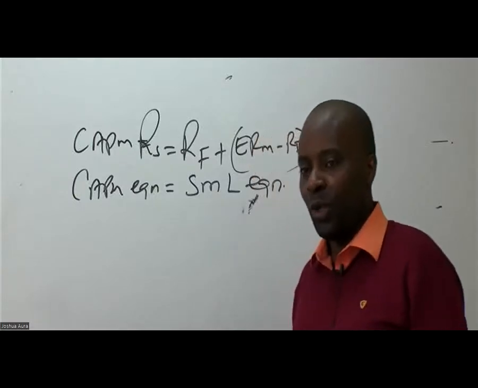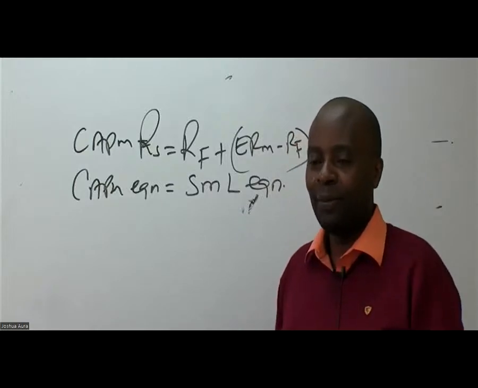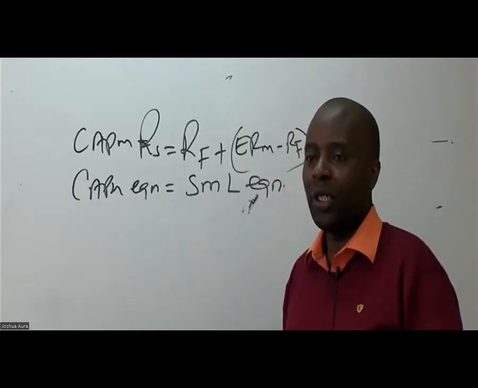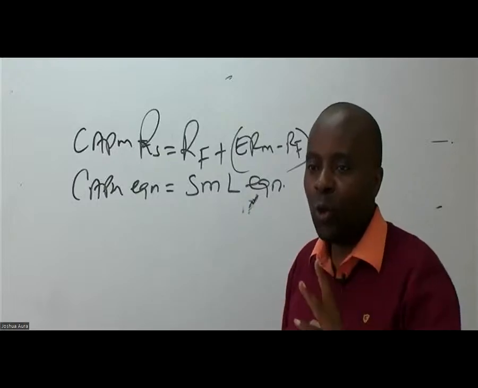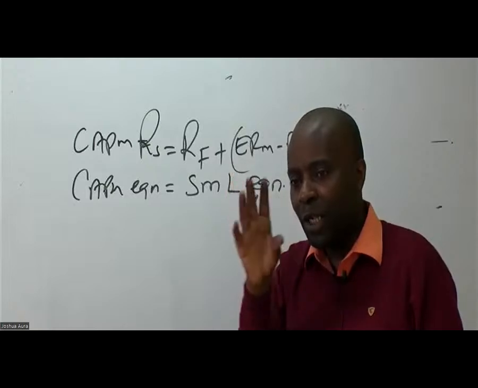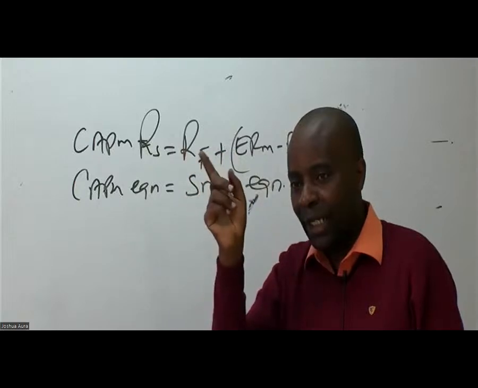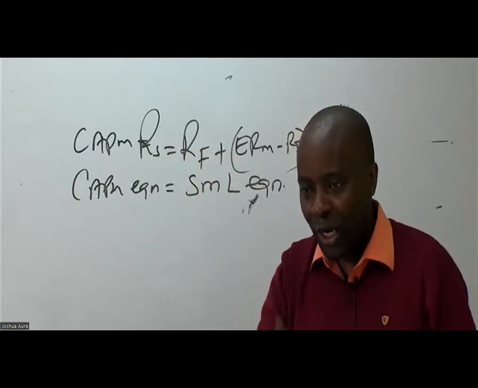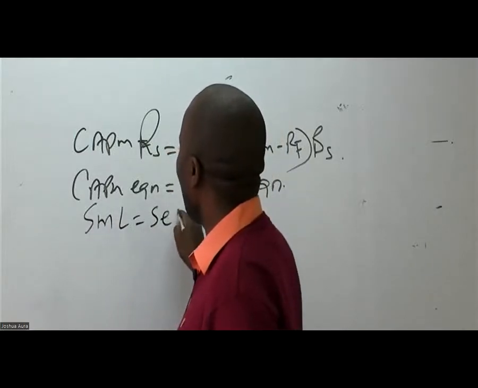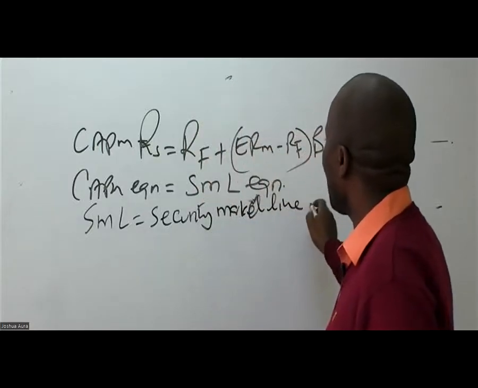If I want to throw you under the bus, a good student upon seeing beta values will know that even if they're using a tough term like SML, because I'm seeing beta, it must be the CAPM. SML, you're right, is the security market line. So SML is the security market line equation, which is this one.